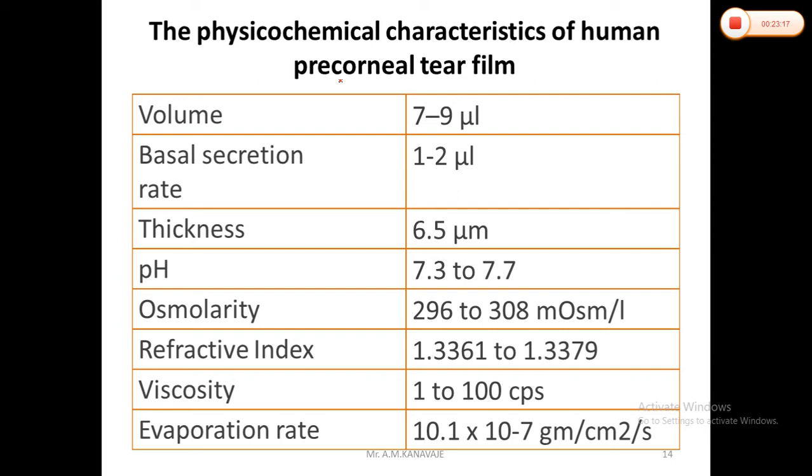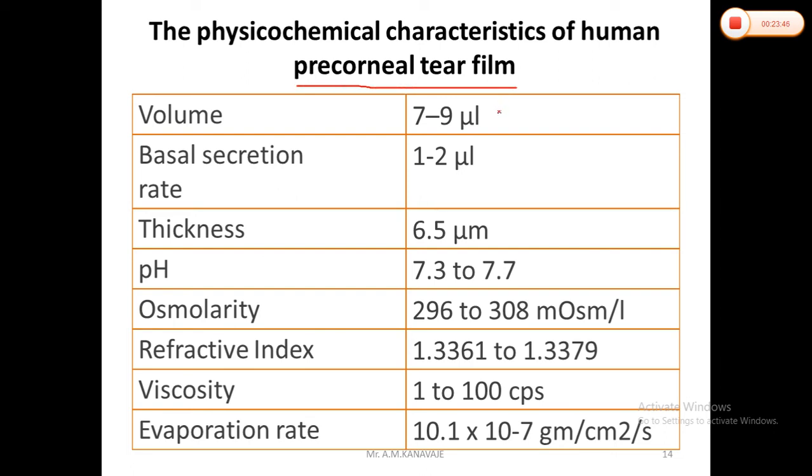The osmolarity of our precorneal tear film is 296 to 308 milliosmolar per liter. Refractive index is 1.3361 to 1.3379. Viscosity is 1 to 100 centipoise, and evaporation rate is 10.1 into 10 raised to minus 7 gram per centimeter per second.